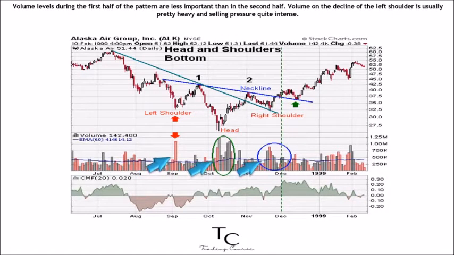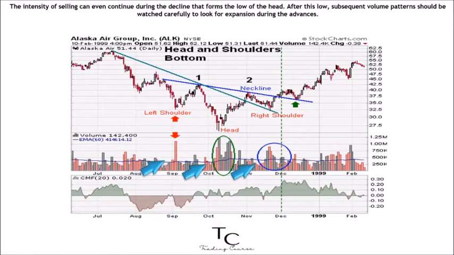Volume levels during the first half of the pattern are less important than in the second half. Volume on the decline of the left shoulder is usually pretty heavy and selling pressure quite intense. The intensity of selling can even continue during the decline that forms the low of the head.